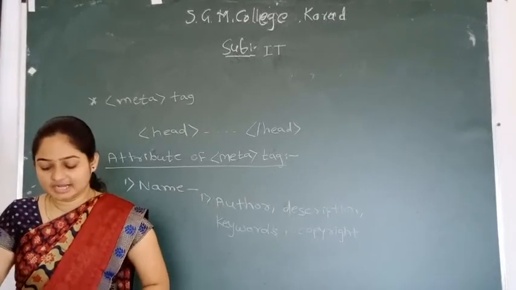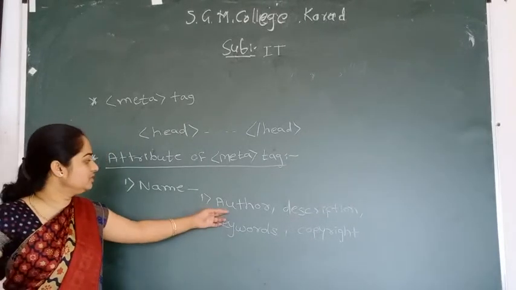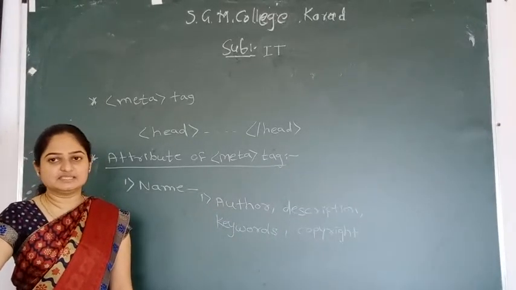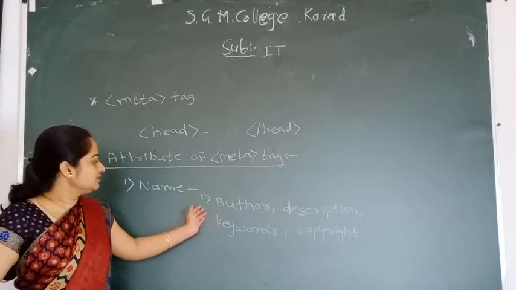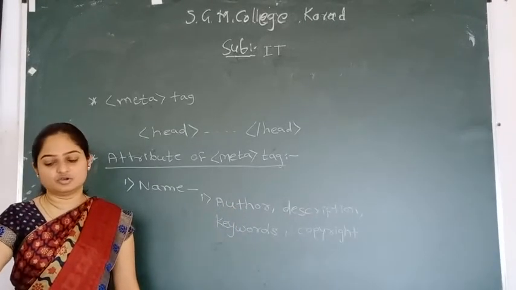The value of the name attribute can be any of the following: author, description, keywords and copyright. It means the value of name specifies the author, description, keywords and copyright.